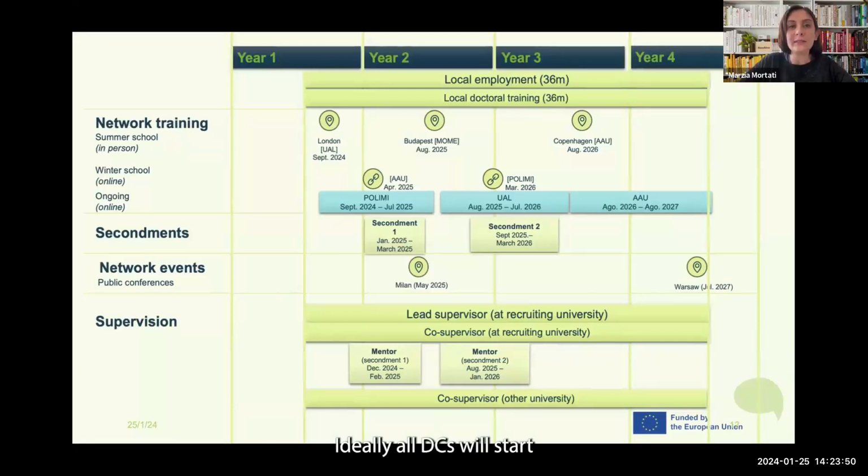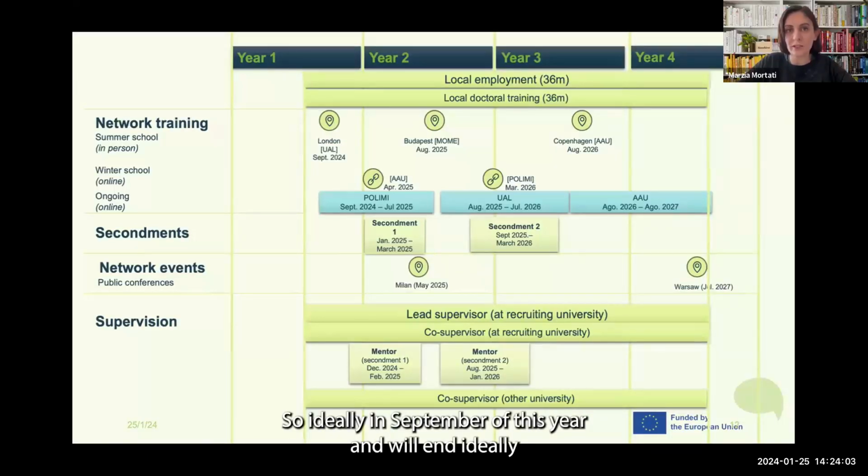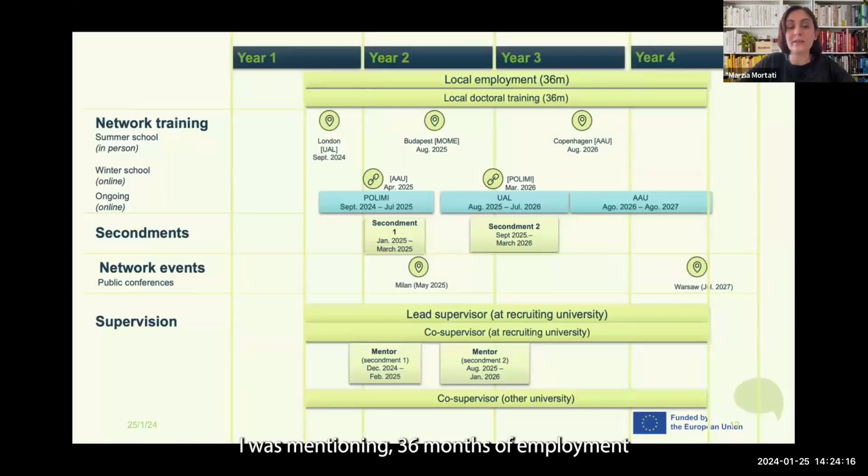Ideally, all DCs will start, and when I mention DC, I mean doctoral candidates, of course, their employment during the first half of the first year, so ideally in September of this year, and will end their PhD journey in the middle of the 4th year of the project, which overall makes, as I was mentioning, 36 months of employment as well as being PhD candidates.